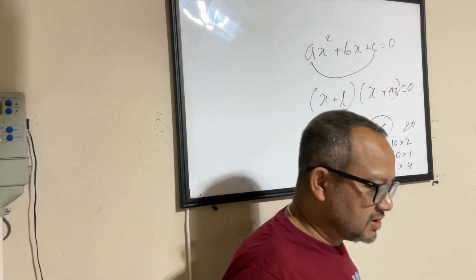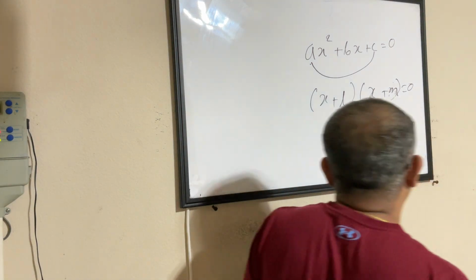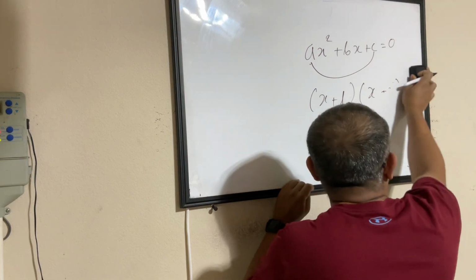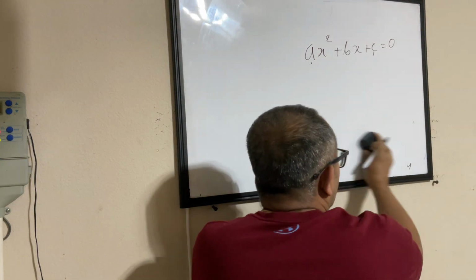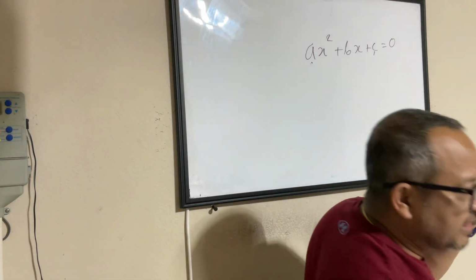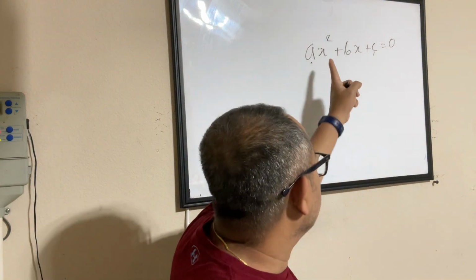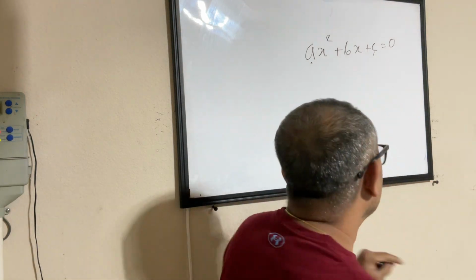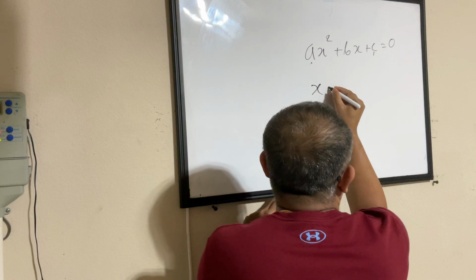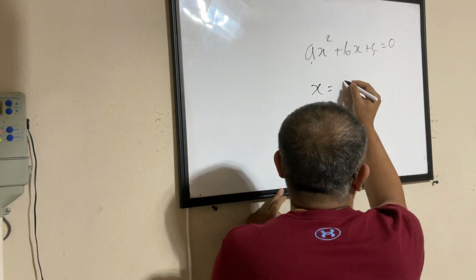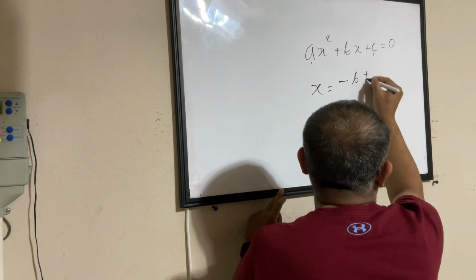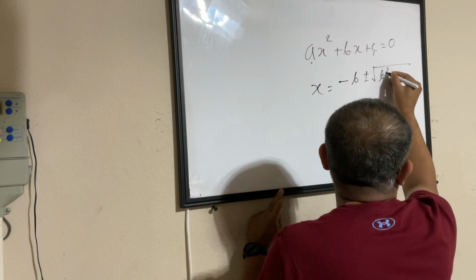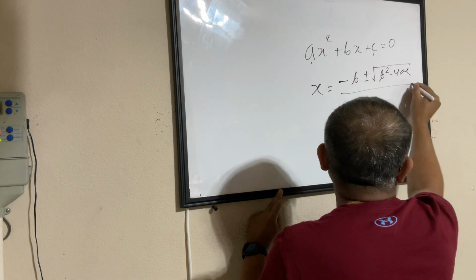That was the second option. The third option was, okay, if none of these two options are working for us, then the third option is using the magic wand, which is the quadratic formula, which says if this is your quadratic equation, then you can potentially get up to two solutions, which will be minus b plus or minus the square root of b square minus 4ac, by 2a.